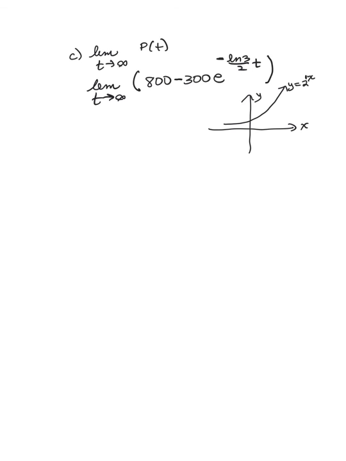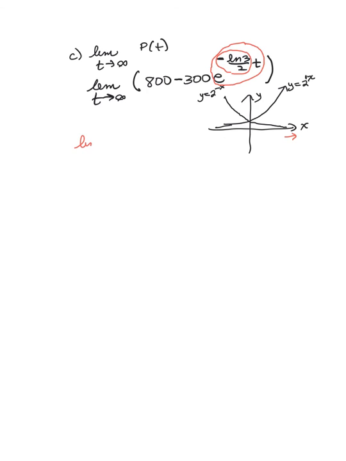But y equals 2 to the negative x would be a reflection of that over the y-axis. So this would be true for this crazy function e to the negative ln of 3 over 2 times t. The coefficient of the t, which is like our x, is negative. And as t increases without bound, our function would approach 0.